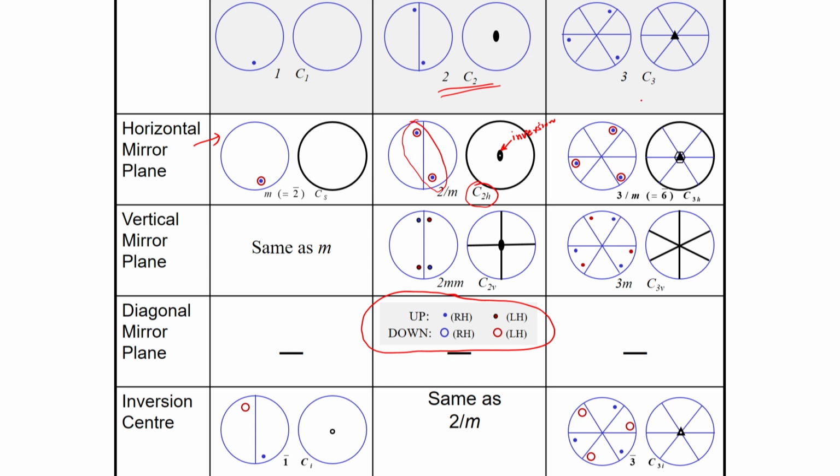Now, coming to adding the mirror to the threefold. So, added a horizontal mirror, which means the mirror is again perpendicular to the threefold, and basically the projection plane is the mirror itself, shown by the bold black line.